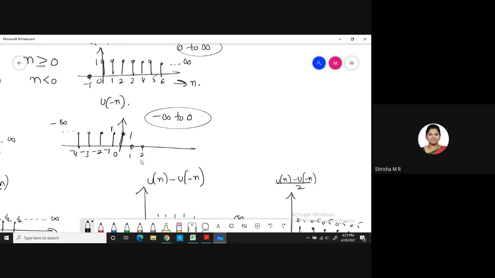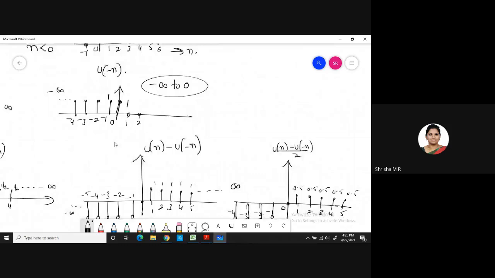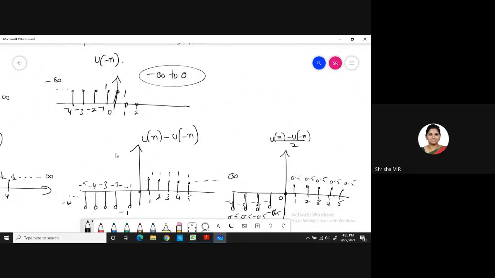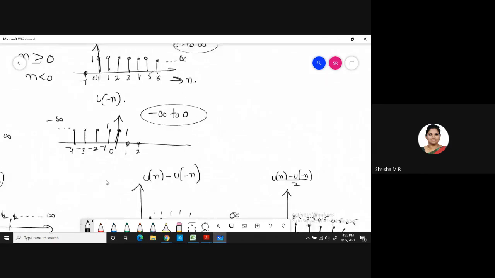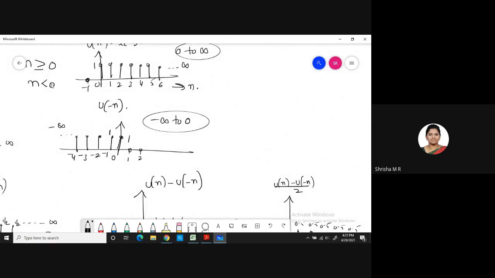So 1 minus 0 will be 1. For all the positive values of n, the amplitude would be 1. And for the negative values of n, see here you have zeros. For minus 2, minus 3, and all you have zeros, correct? So 0 minus 1 will be minus 1. So for all the negative values of n, the amplitude will be minus 1.